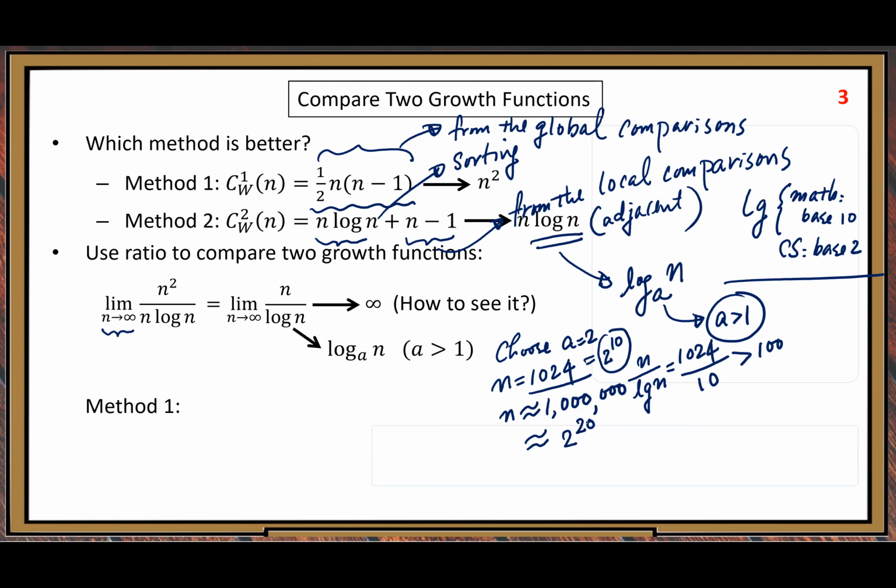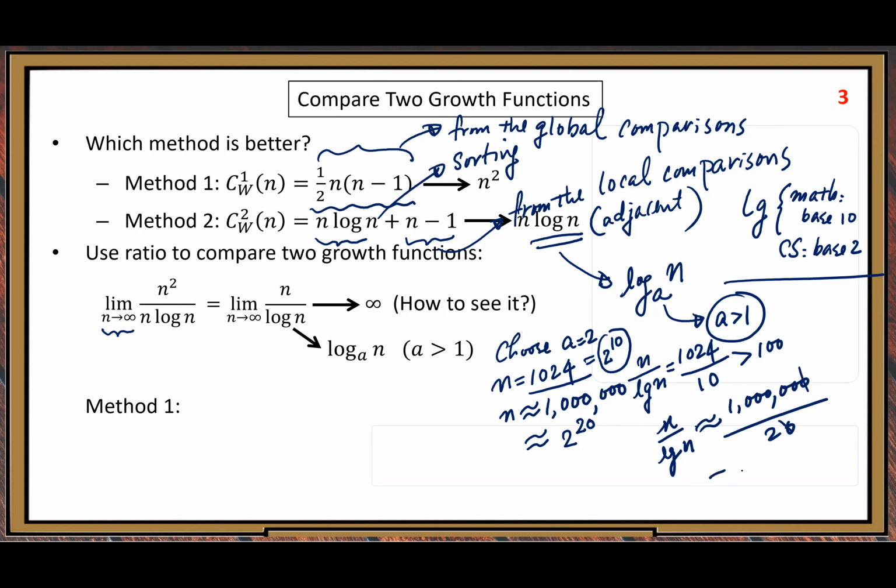Now this time, n over log of n is approximately, let's use approximately equal, 1 million over 20. Simplification, right?